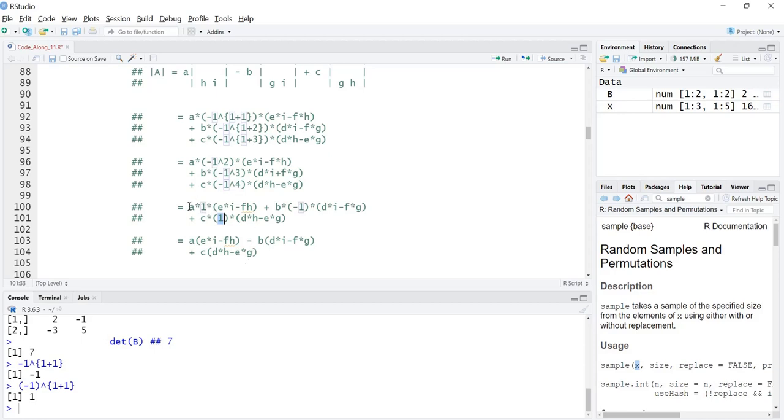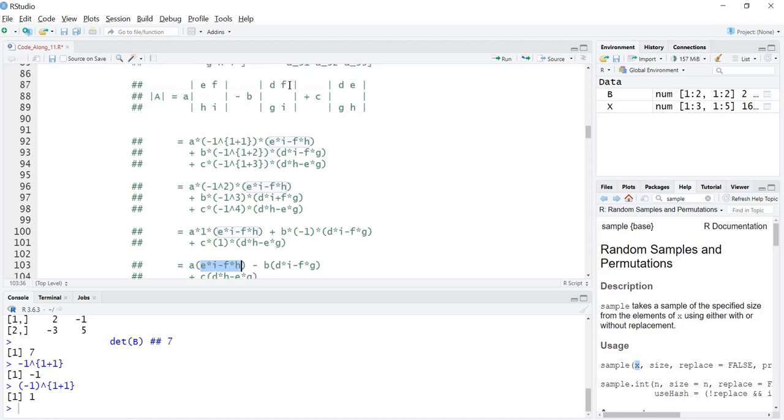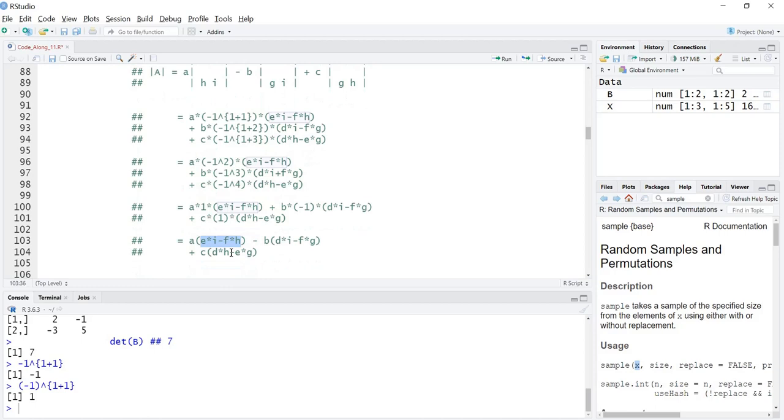So A times 1 is just A. B times negative 1 is negative B. And C times positive 1 is positive C. And then I still have, oops, I've forgotten my asterisk here. Can't forget that. Okay. And then that's multiplied times the 2 by 2 determinant that's left here, each of these determinants. So that gives you in letters, and I know that's messy, but that's the form for it.